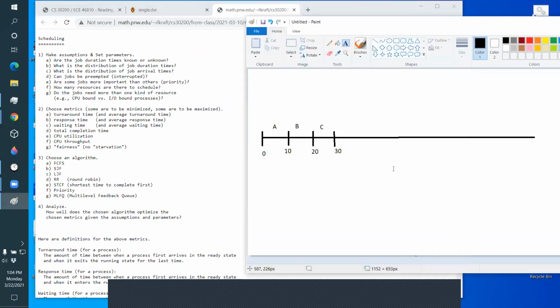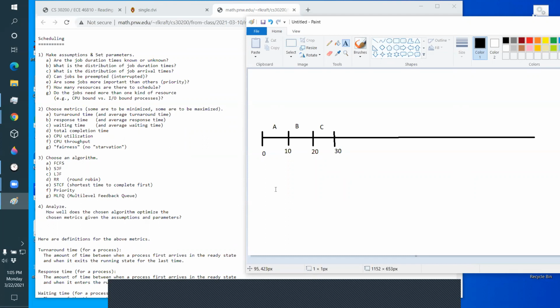For A, the turnaround time is 10, and for B the turnaround time is 20, because B waited for 10 and then got to start at 10 and ran till 20. So A's turnaround time is 10, B's turnaround time is 20, and C's turnaround time is 30.